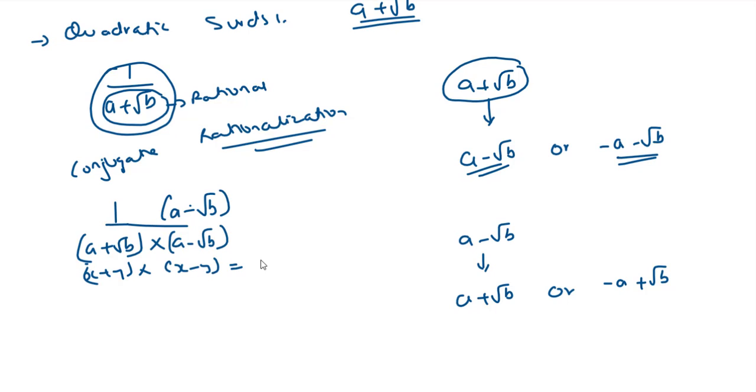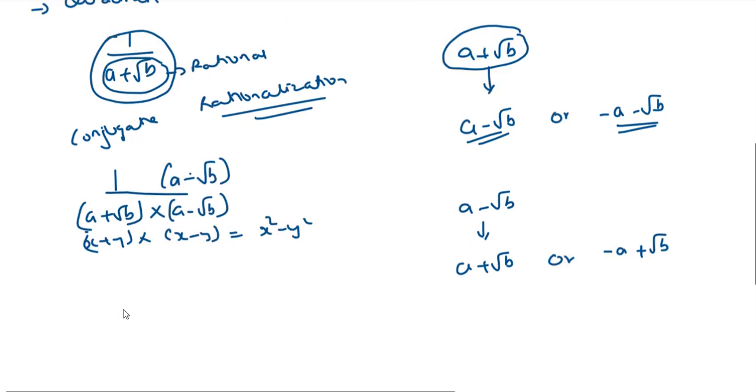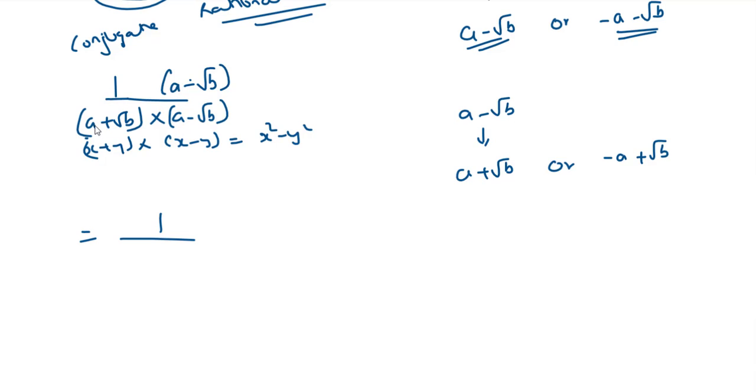This can be written as x square minus y square. So the denominator will become a square minus square root of b the whole square, which will become a square minus b, and the numerator will become a minus square root b. So once the denominator has been rationalized, you can perform any mathematical operation and solve problems based on surds.